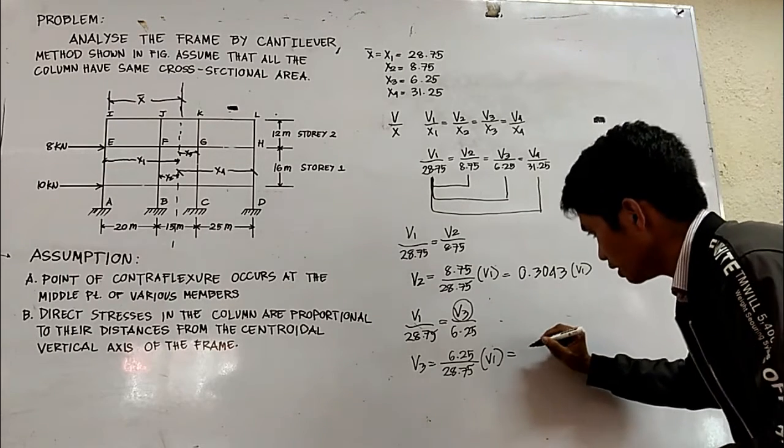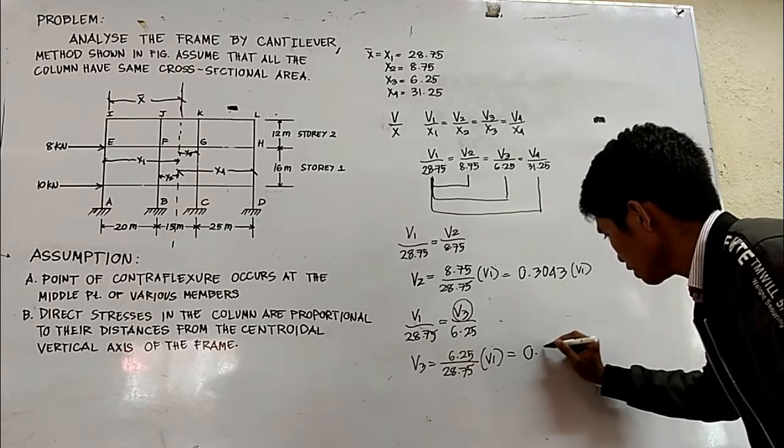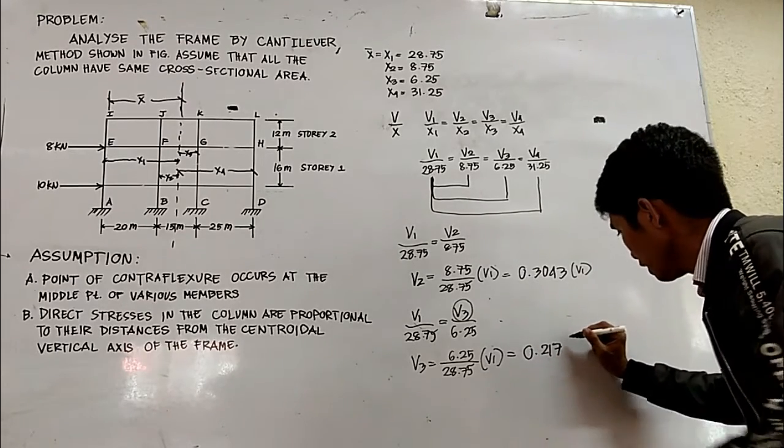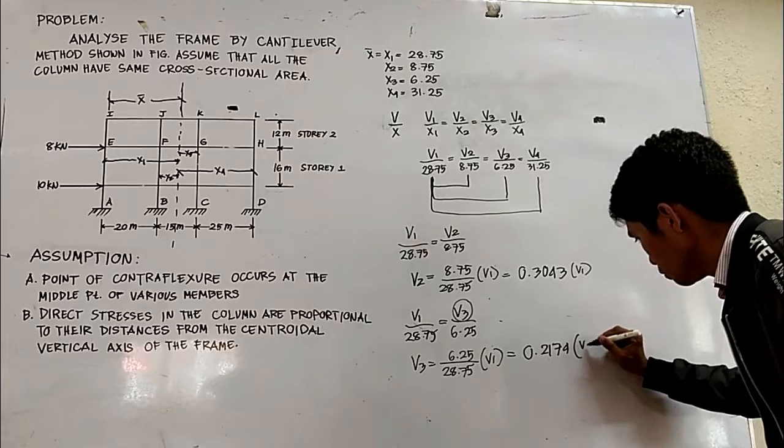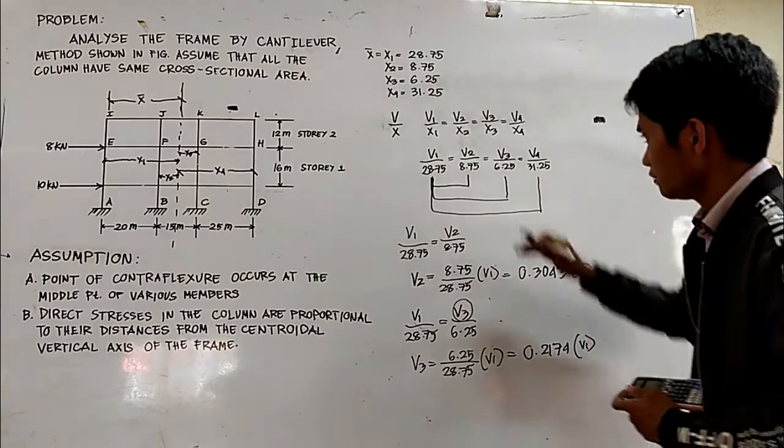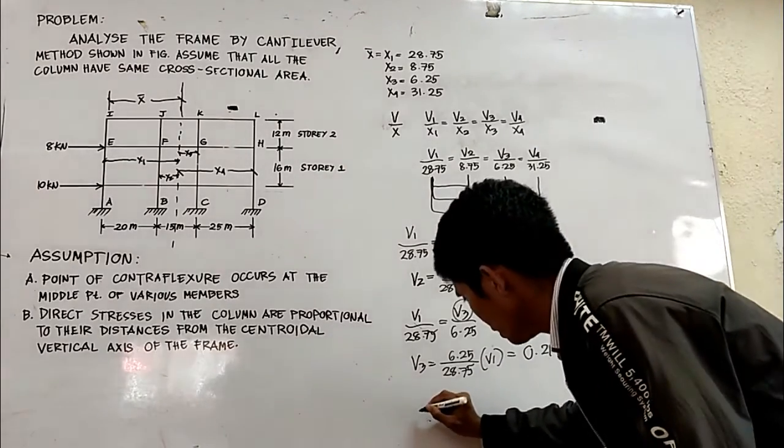Therefore, our V3 is equal to 0.2174 V1.